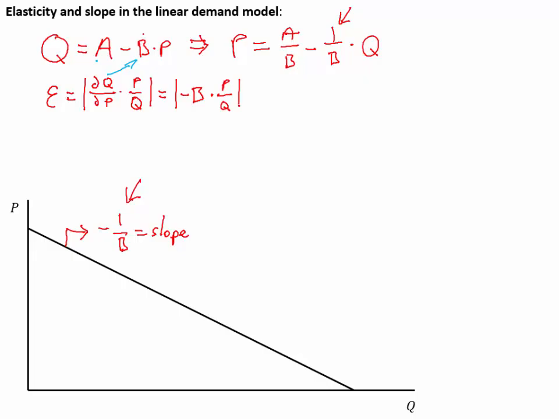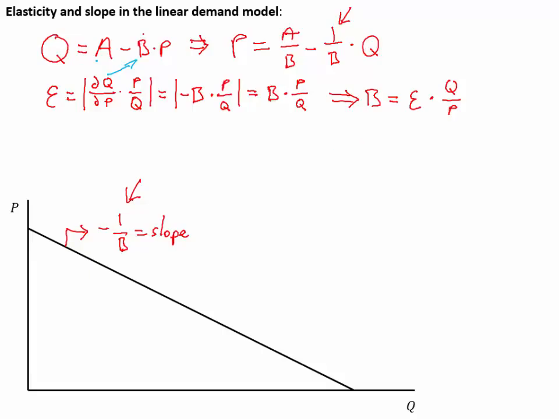And because we know that negative B is a negative number, we take its absolute value and we simply get B times P over Q. We can solve that for B and we get what we came for, which is the parameter B in our model as a function of the elasticity and also price and quantity, which hopefully we have some real-world observation of.